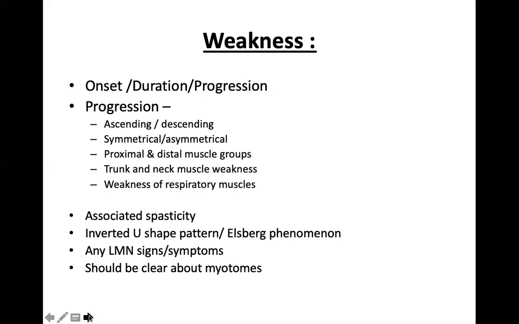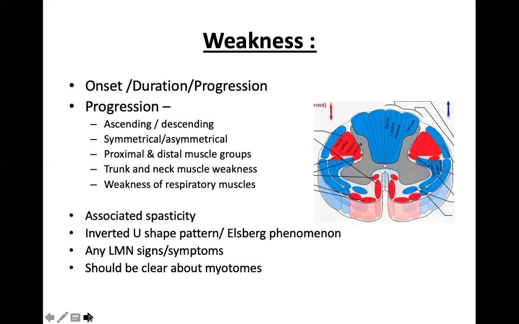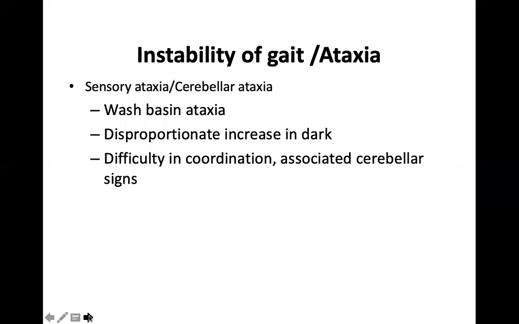Then that gives you a clue that your vertical level is actually C5 C6 and not C3 C4 or C7 C8, because there are upper motor neuron signs at C7 C8, but there is definitely a lower motor neuron sign at C5 C6. So that gives you a clue about your vertical level. Again, this diagram has to be always thought of during any symptom and where your lesion lies.